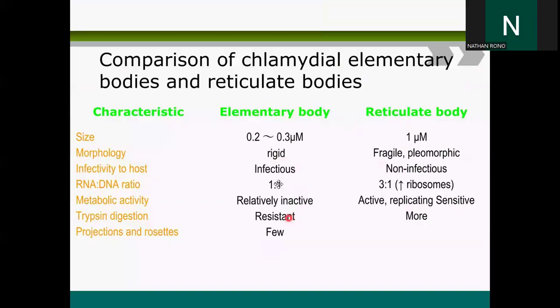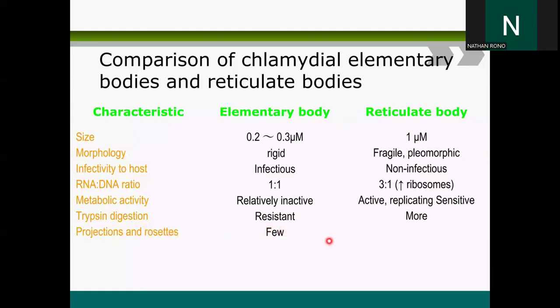So this was a good summary because this can come in an essay where you're told to compare elementary bodies to reticulate bodies. Elementary bodies are infectious, so they have to be rigid, relatively inactive metabolically, and resistant to trypsin digestion. Remember, trypsin is an enzyme secreted by the pancreas to digest protein.